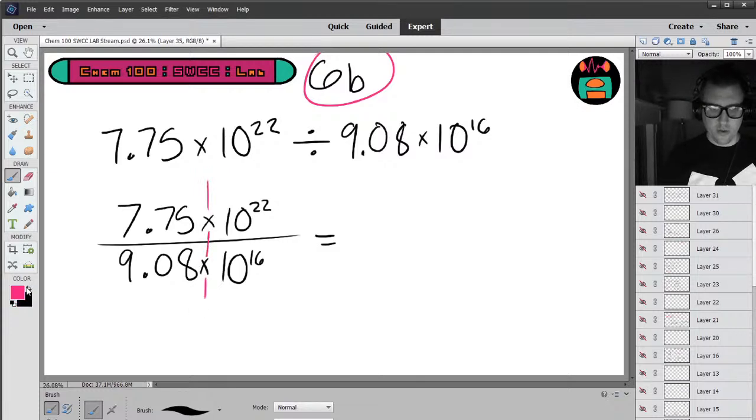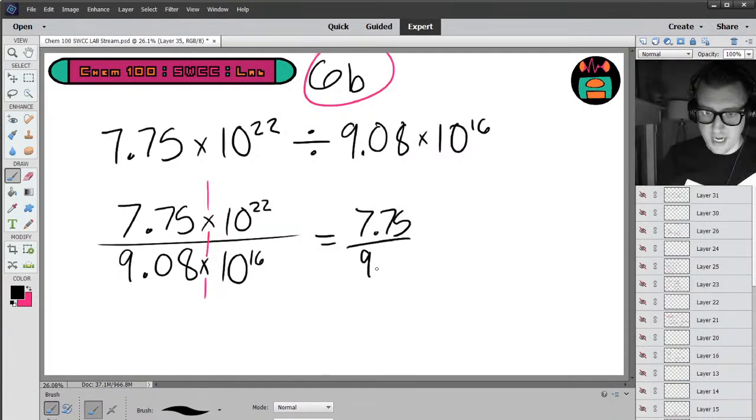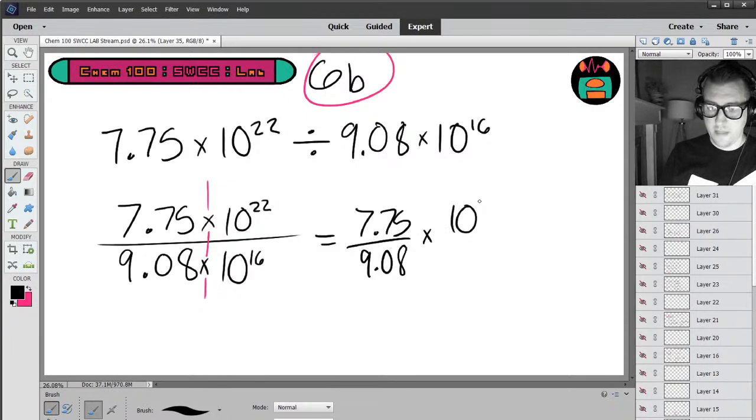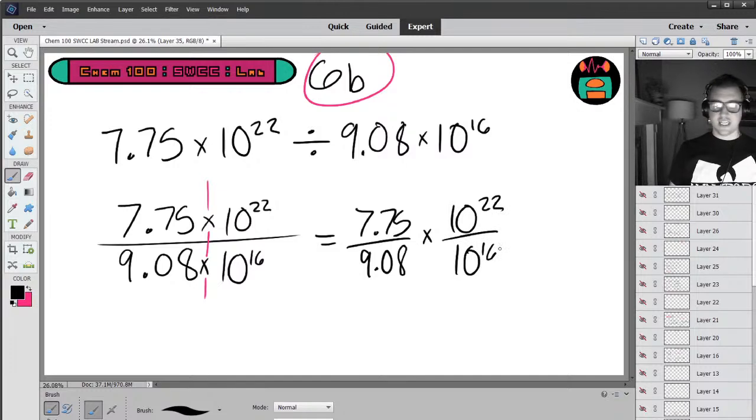We can write this as 7.75 over 9.08 times 10 to the 22 over 10 to the 16. This is just easier to handle.